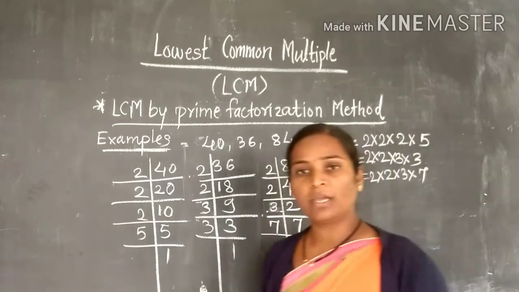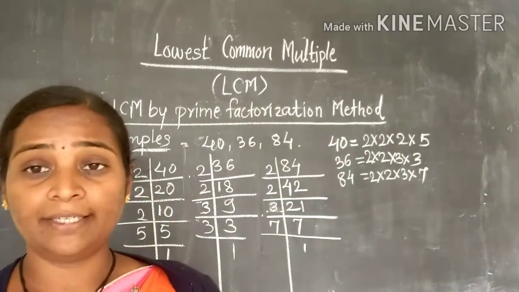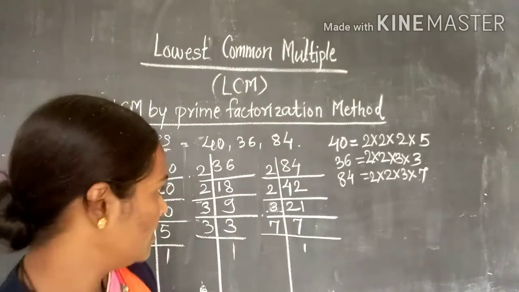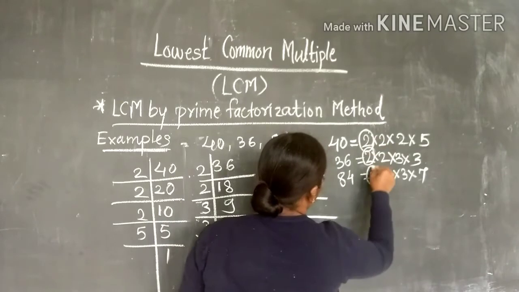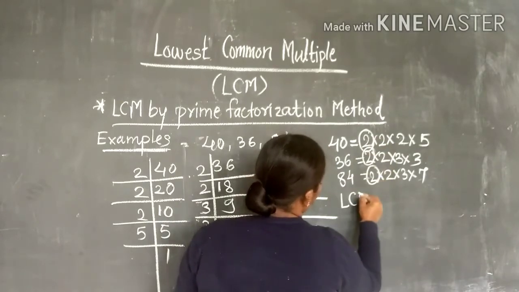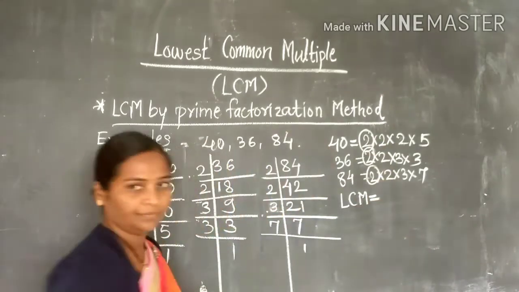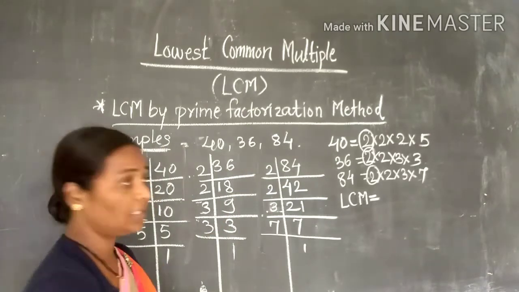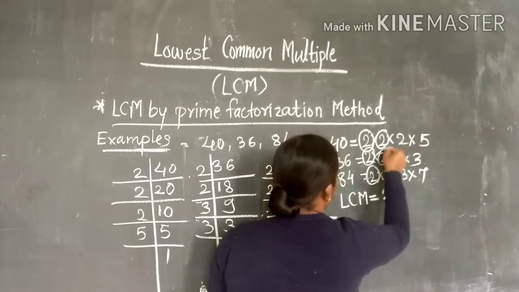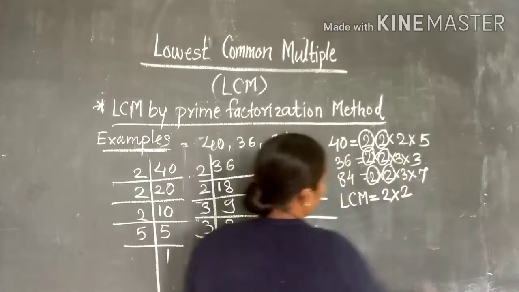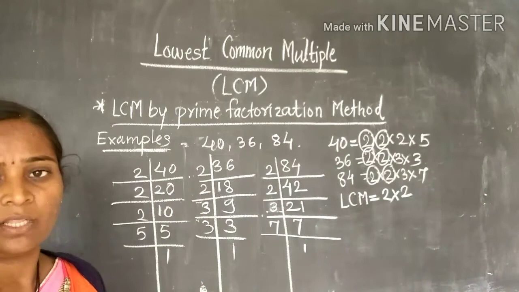Now what do you have to do? You have to find the common numbers. See these common factors: 2, 2. These are the common factors. Let's write here LCM. We have got the common factor 2, then here 2, here 2, so write it one time.